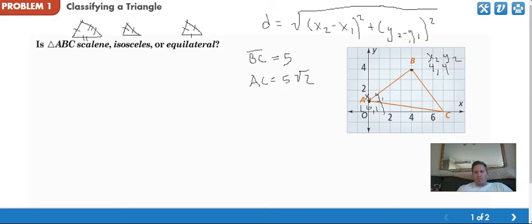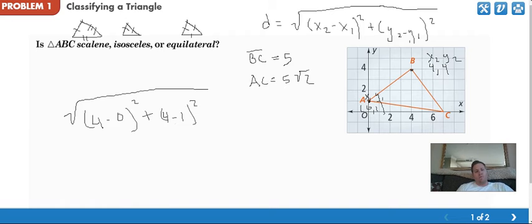So we have x1 is 4 minus 0, we are squaring that, plus y2 is 4 minus 1, we are squaring that, and this is all underneath the square root. So this is going to be 4 squared is 16, plus 3 squared, which is 9, so this is still under the square root. This is going to give me the square root of 25, which equals 5.